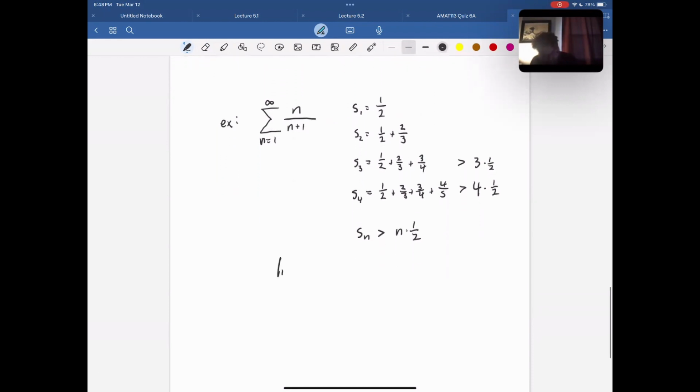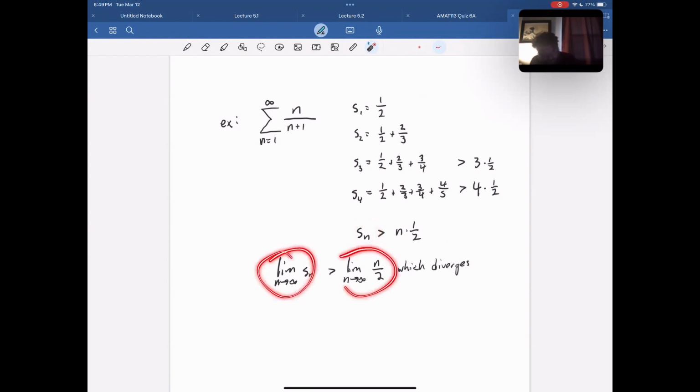And so the limit as n goes to infinity of Sn is going to be greater than the limit as n goes to infinity of n over 2. But that diverges, right? And so the limit of Sn is going to be greater than the limit of something which diverges. And so we can conclude, right, that the limit of this sequence also diverges.